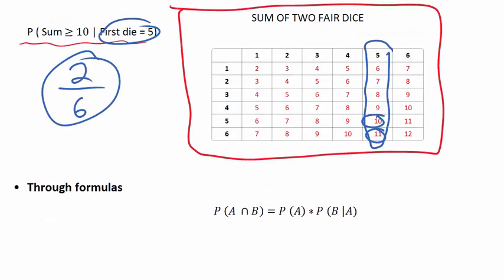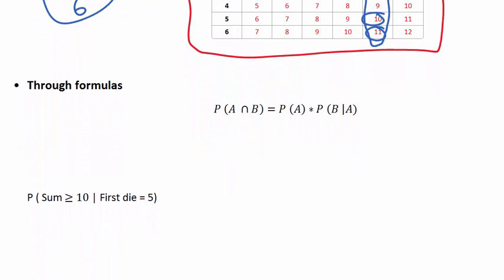All right. You can also, some people prefer to work through formulas. Personally, I think the intuitive understanding of a conditional probability just restricts the sample space. That's a fundamental idea for me. A conditional probability restricts a sample space. But some of you like formulas, so let's go that way.